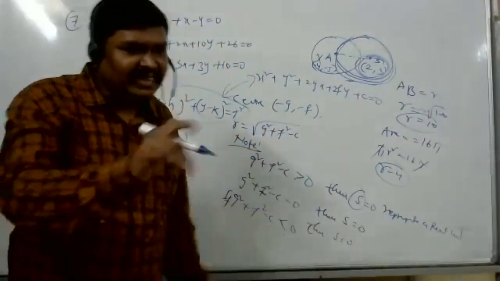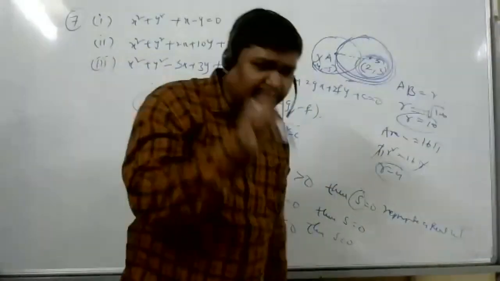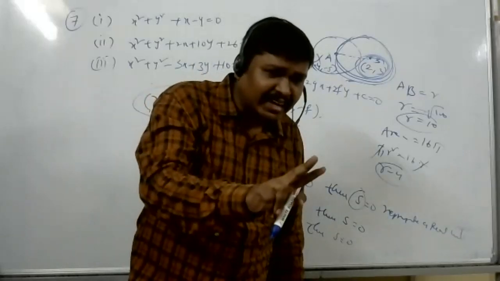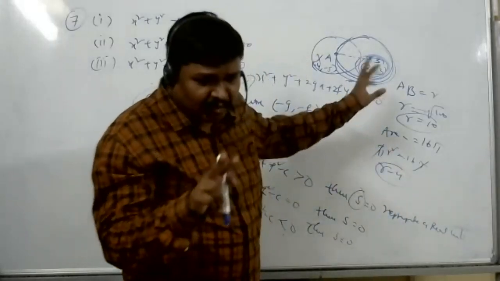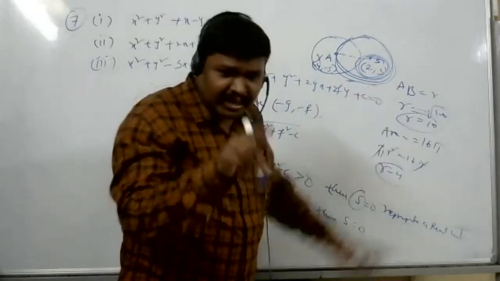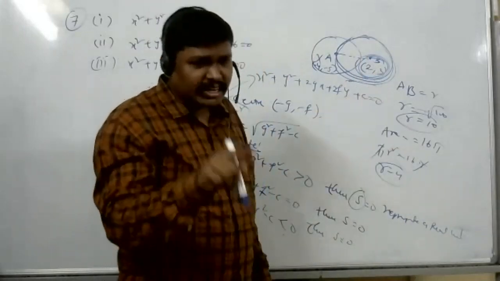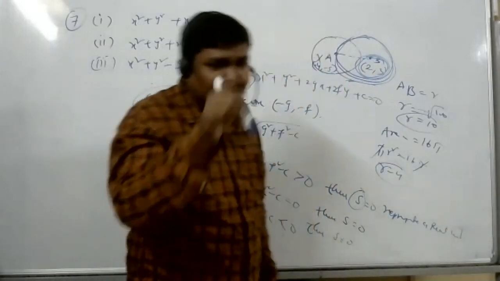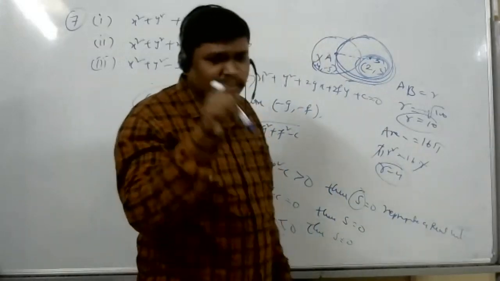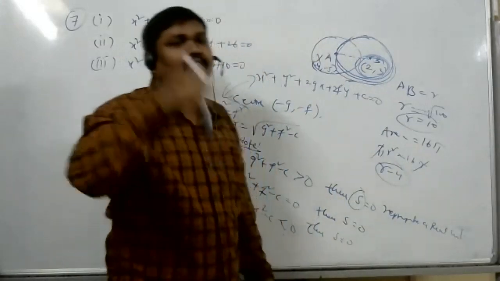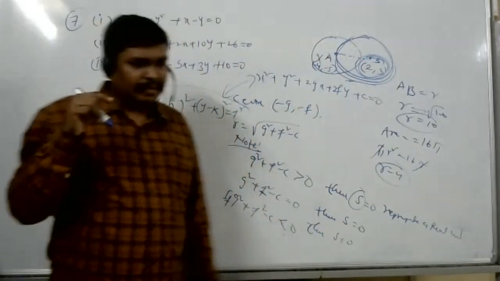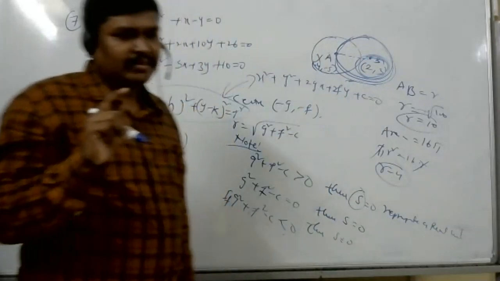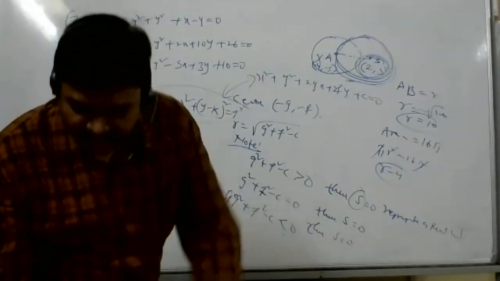Formula, yes. Concentric circles: the circle x square plus y square plus 2gx plus 2fy plus c is equal to 0, two concentric circles differ by the constant only. The other circle is in the form x square plus y square plus 2gx plus 2fy plus k is equal to 0, where k is a constant. It's like parallel lines, just similar to that.